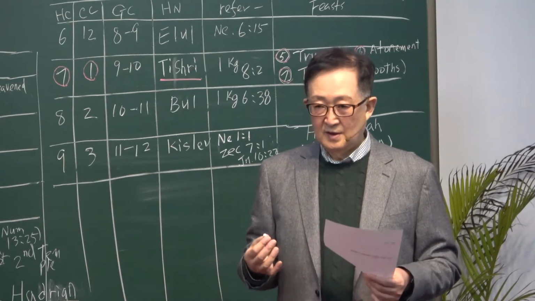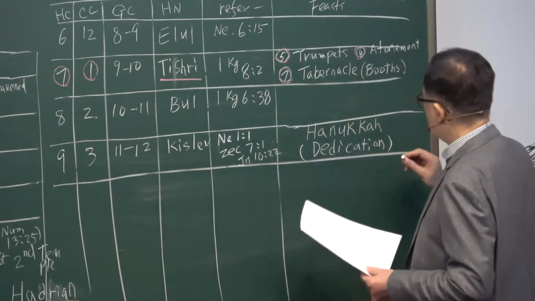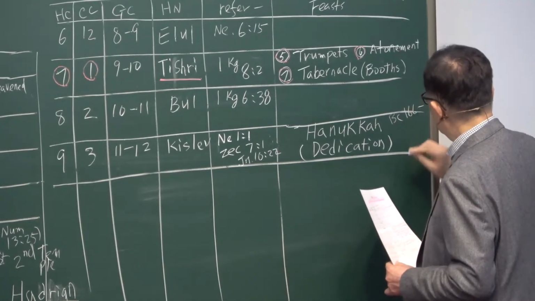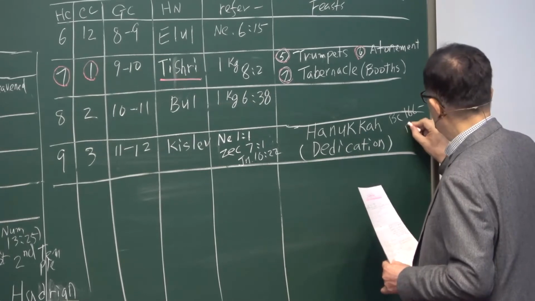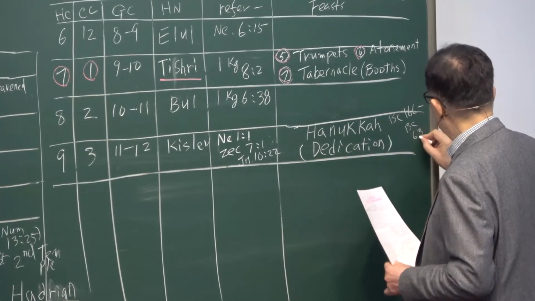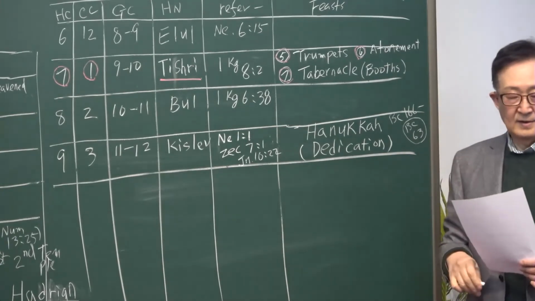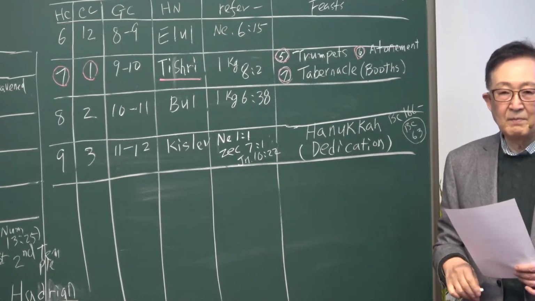Okay, so actually, BC 166 to BC 63, when Israel became controlled by the Roman Empire.